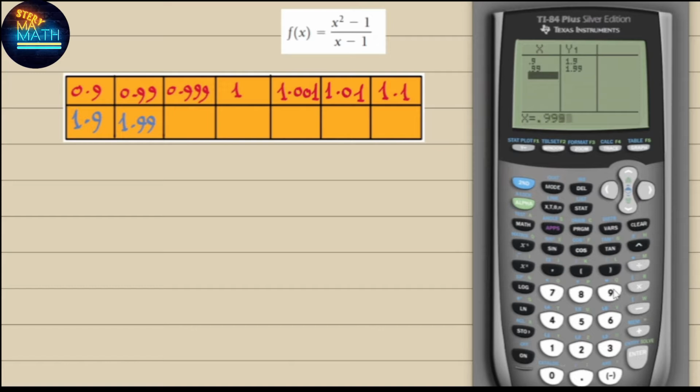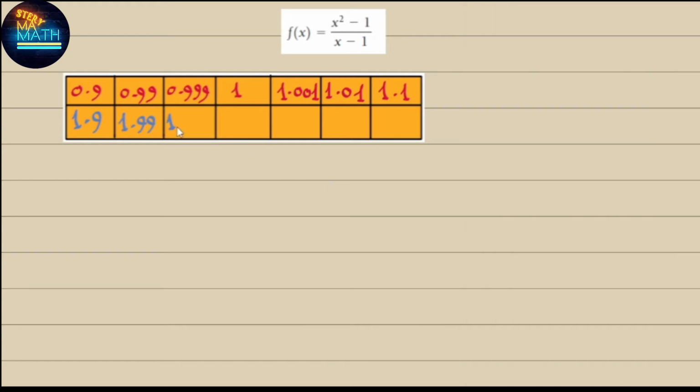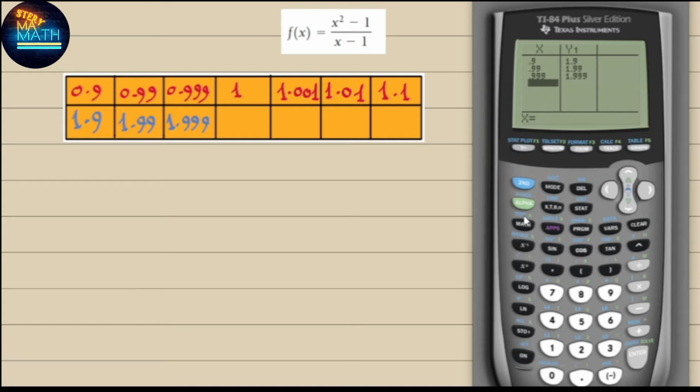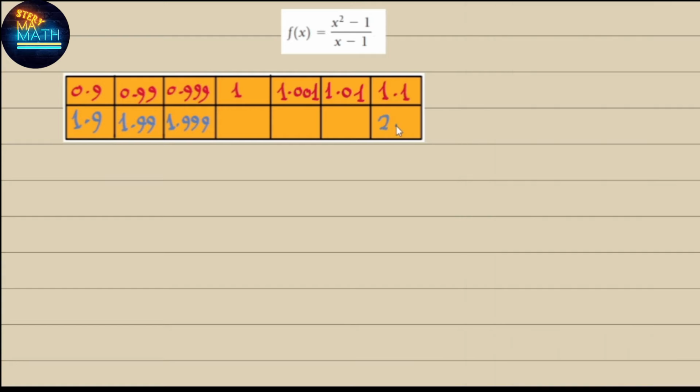And here, y is equal to 1.999. And from the right, x is equal to 1.1, y is equal to 2.1.